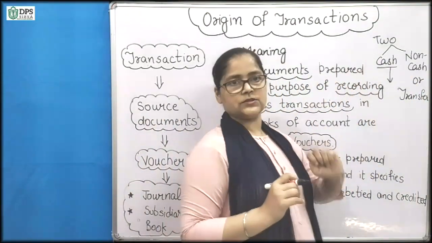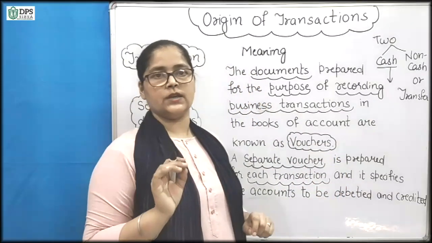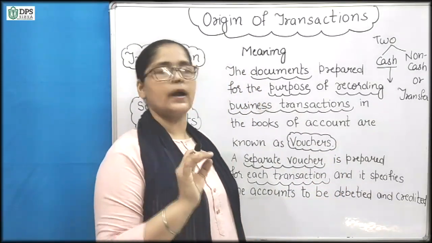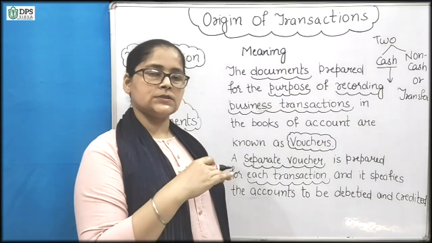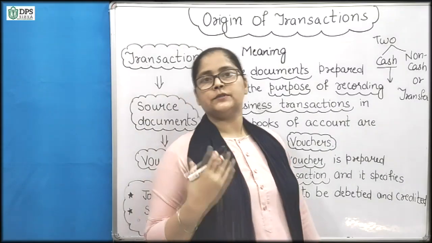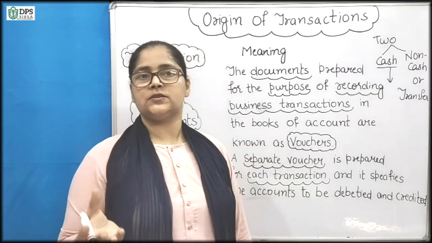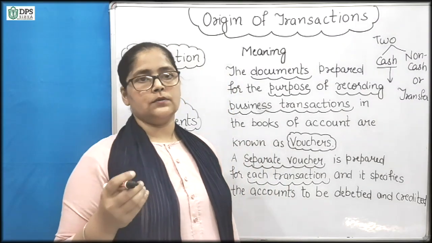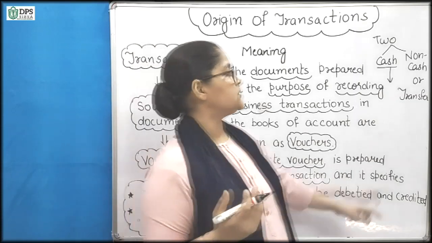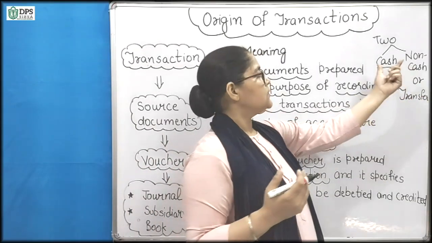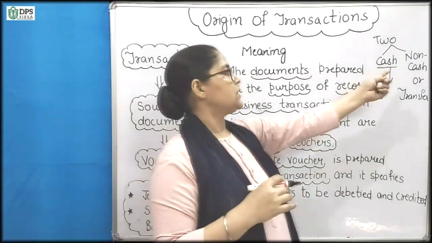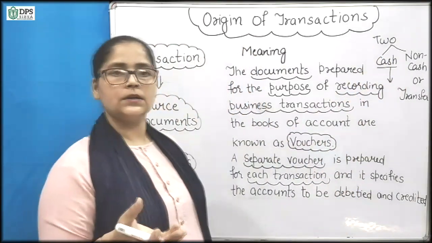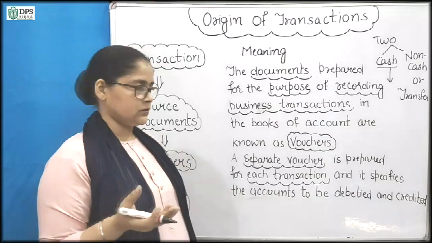If it is a cash transaction, suppose you purchased furniture and paid rupees 50,000, this is a cash transaction. Suppose you have purchased goods from Mr. A on credit, this is a non-cash transaction. Cash transactions are recorded in cash vouchers and non-cash transactions are recorded in non-cash vouchers.